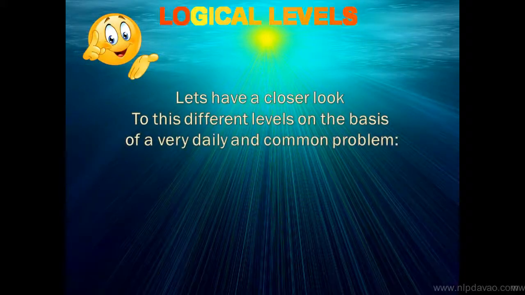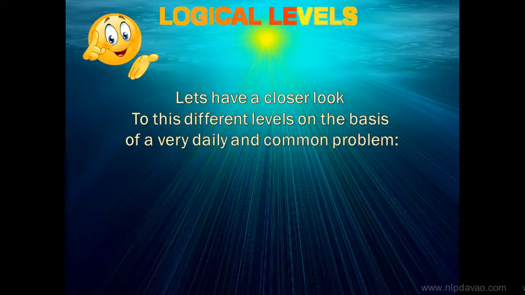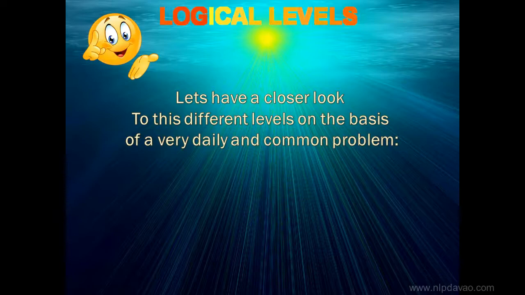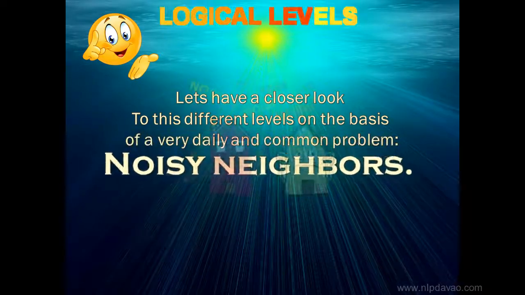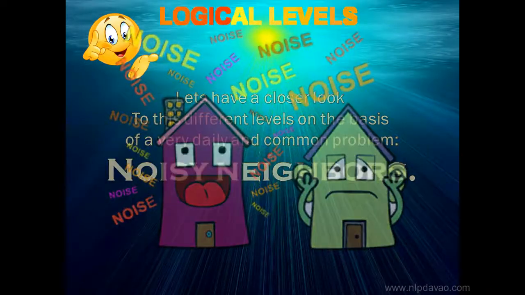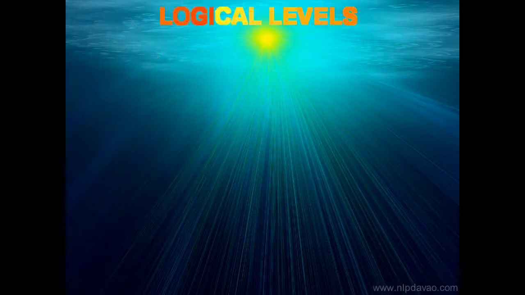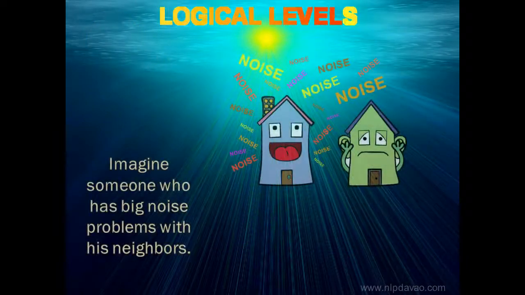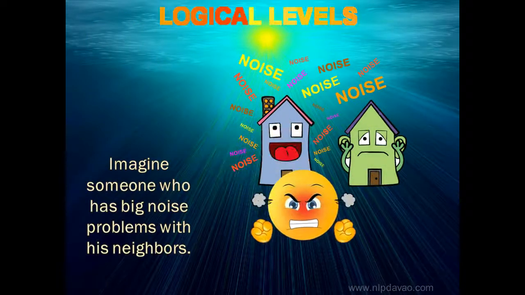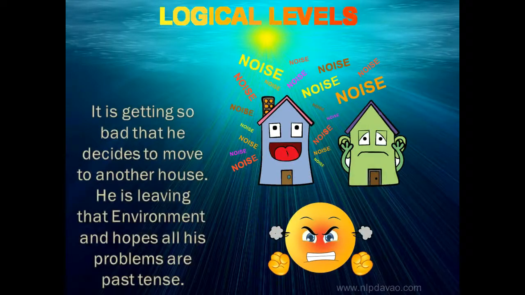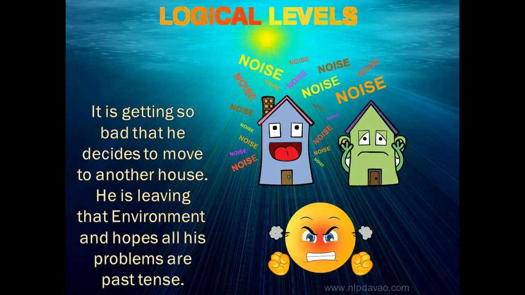Let's have a closer look at these different levels on the basis of a very daily and common problem. Noisy neighbors. Imagine someone who has big noise problems with his neighbors. It is getting so bad that he decides to move to another house.